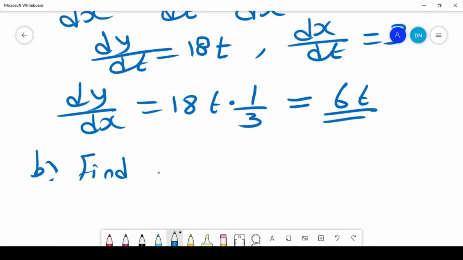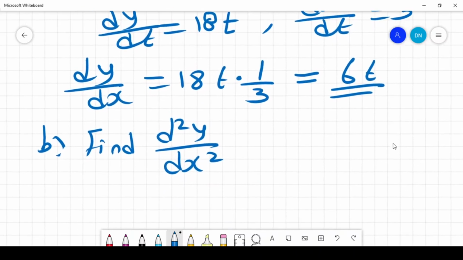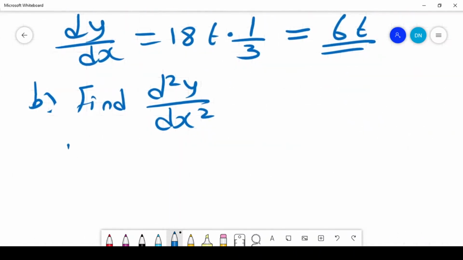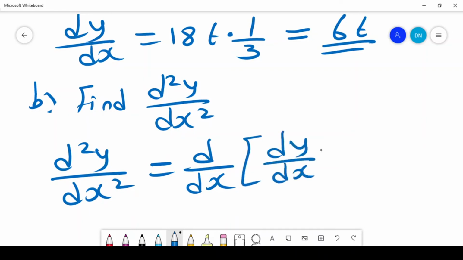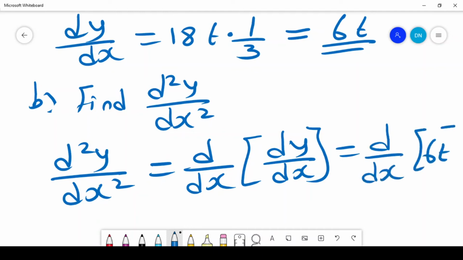Find d squared y all over dx squared. Now, what does that mean? It basically means that d squared y over dx squared is to find d/dx of dy/dx. And that is to find d/dx of 6t. Now, what is easier?